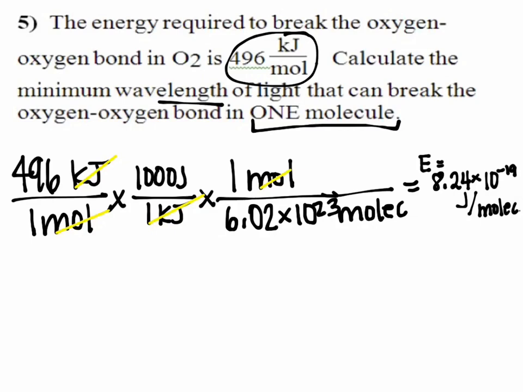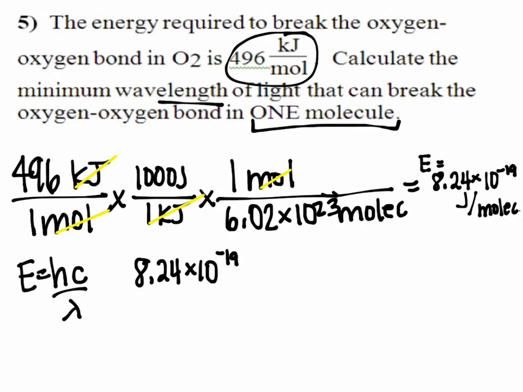So we know how much energy it takes, so we need to know the wavelength. So we need to use E equals hc over lambda, with E being 8.24 times 10 to the negative 19 joules per 1 molecule.